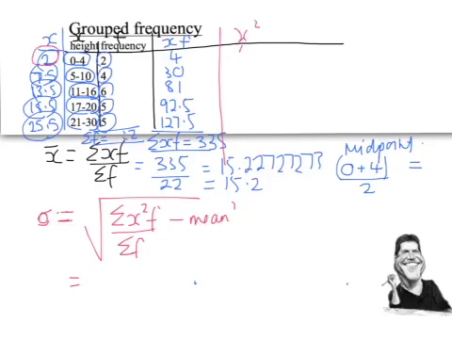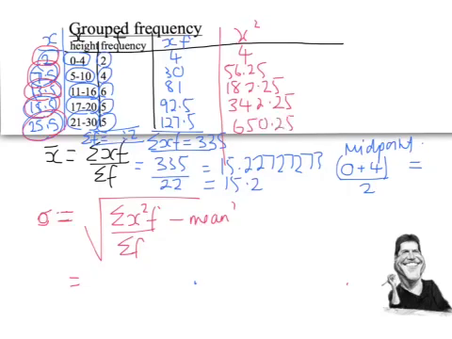Right, 2 squared is 4. 7.5 squared is 56.25. 13.5 squared is 182.25. 18.5 squared is 342.25. 25.5 squared is 650.25. Yuck. Then I'm going to have a column saying x squared times f.